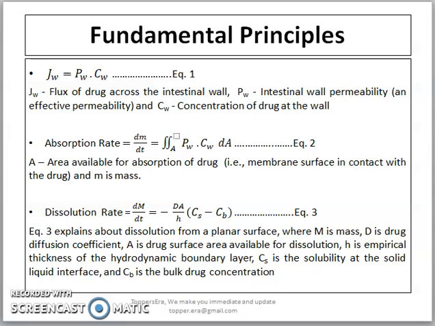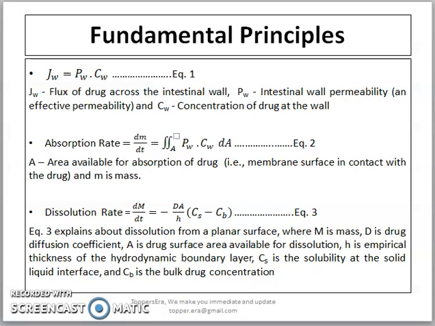The second principle is that rate of drug absorption depends on intestinal wall permeability, concentration of drug at the wall and area available for absorption of drug.